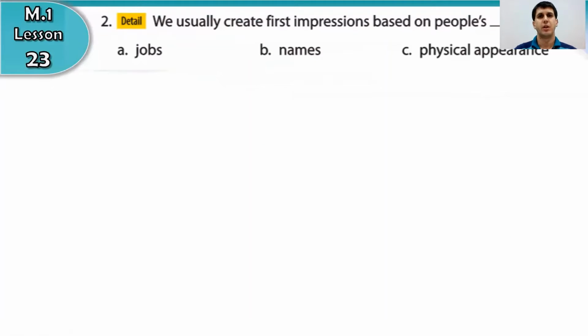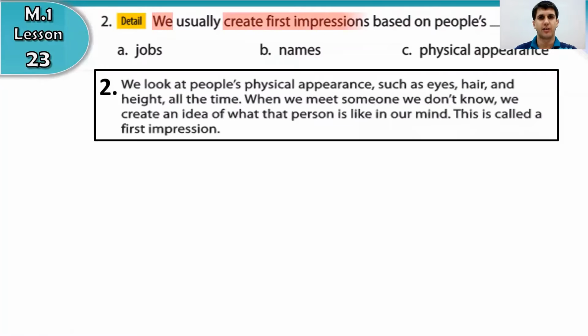Number 2, we usually create first impressions based on people's what? Let's have a look. It says, we look at people's physical appearance, such as eyes, hair, and height all the time. When we meet someone we don't know, we create an idea of what that person is like in our mind.